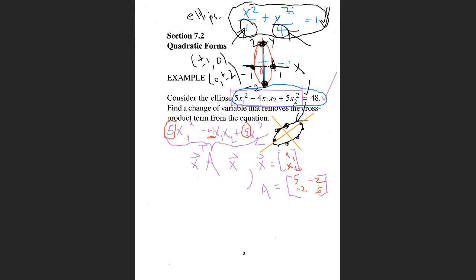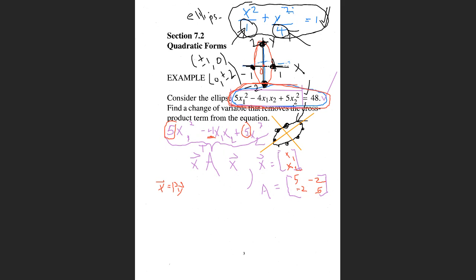And what we're going to do, class, is make a change of variables, where vector x equals a matrix P times a vector y. We're going to make this change of variables to remove the cross products from this elliptical equation.